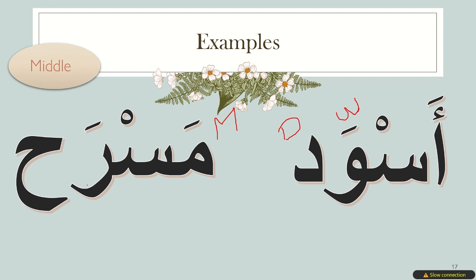Then we have this letter Ra. It has Fatha, so Ra. The last one, do you remember this one? The curve and the half circle with no vowels. This is Ha. Okay, and it's a noun, so no vowels with pronouncing Ha. Let's give it a try.